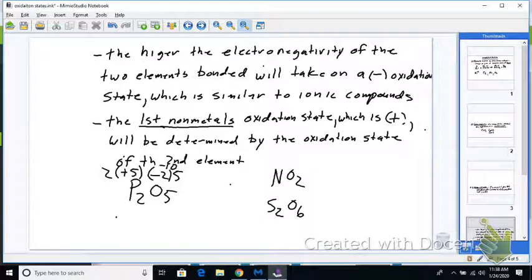Okay? So the deal is, like always, we've got to get this to be 0. And so the rule says the one that you assign a -2 would be the higher electronegativity. Oxygen is the higher of the two. So I assign oxygen a -2. There's 5 of them, right? So that's a -10 total.